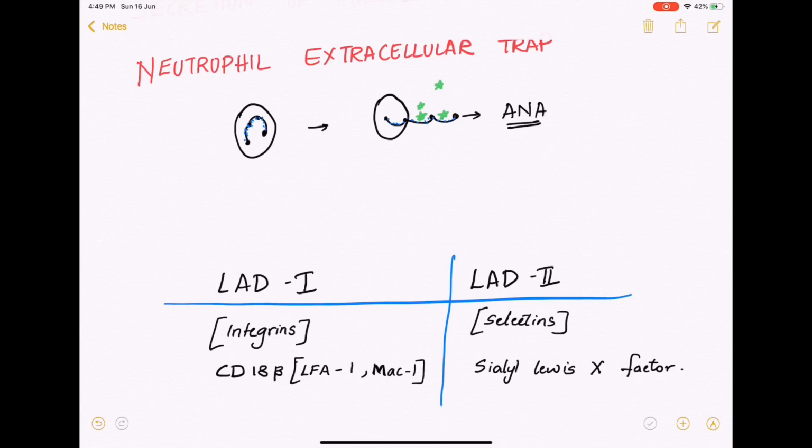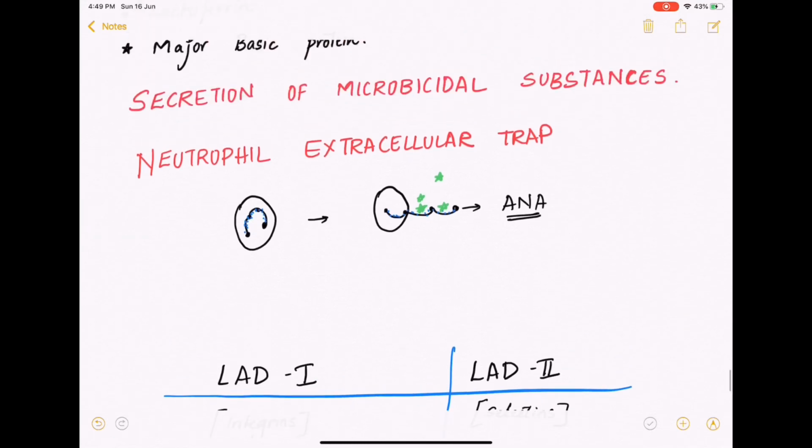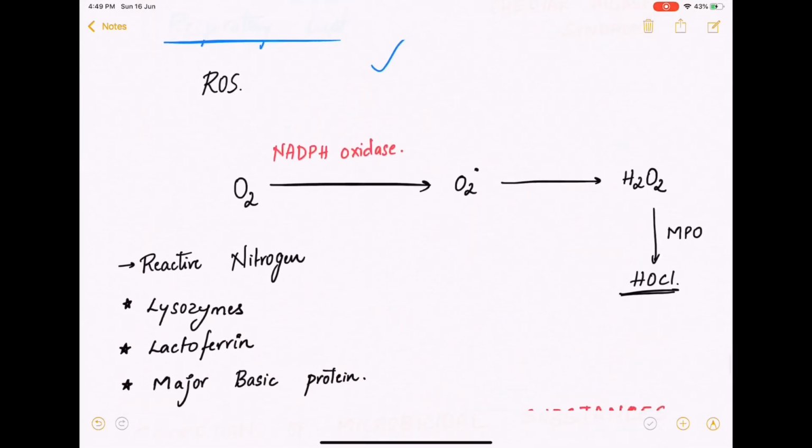So there is a defect in the fucosyl metabolism pathway, and thus there is a defect in the production of sialyl Lewis X factor. The next defect we'll be talking about is the NADPH oxidase deficiency. It will lead to chronic granulomatous disease.